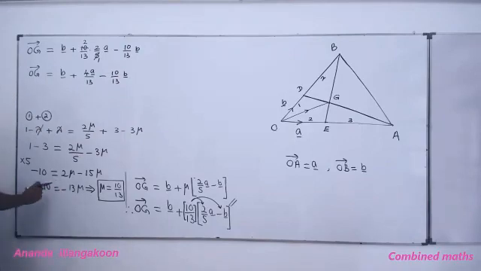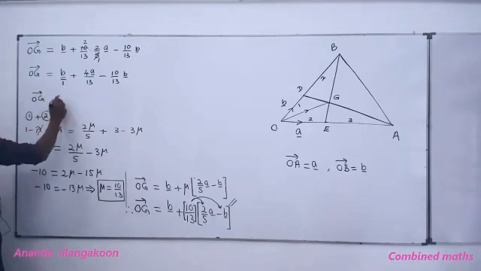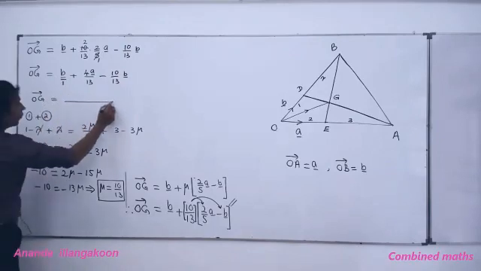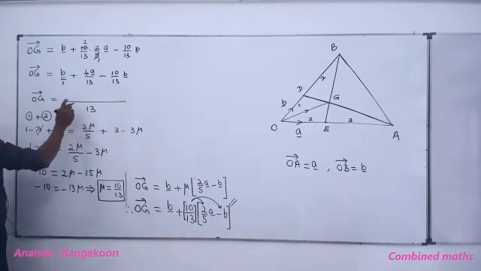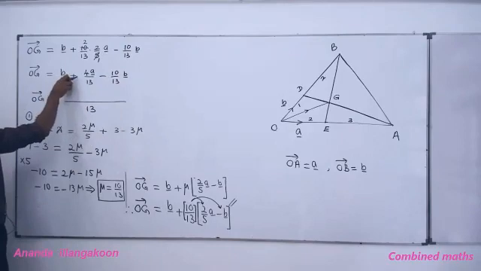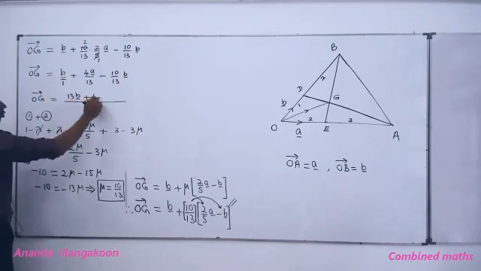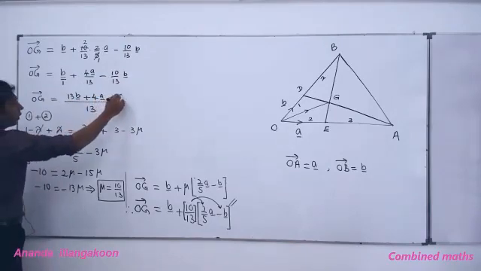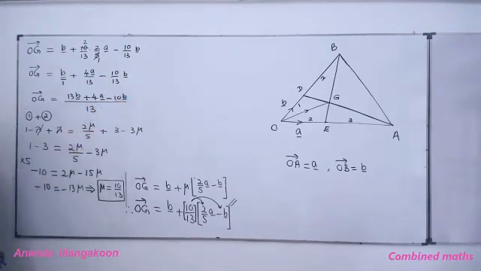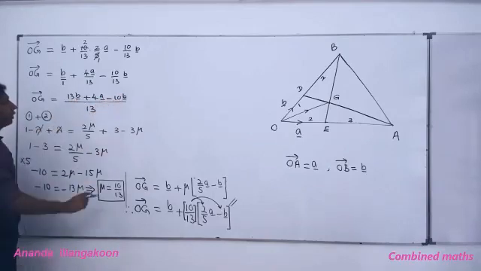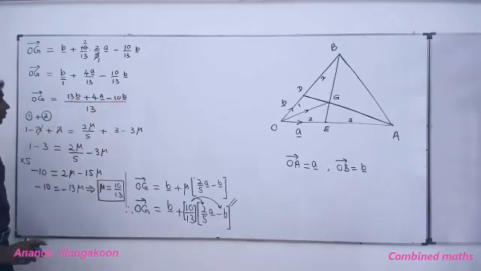Now, here we have 1 as the denominator of this vector b. I take the common denominator for all these 3 as 13. Then this b should be multiplied by 13. Then we get 13b plus 4a vector minus 10b vector. 13b vector minus 10b vector is equal to 3b vector.